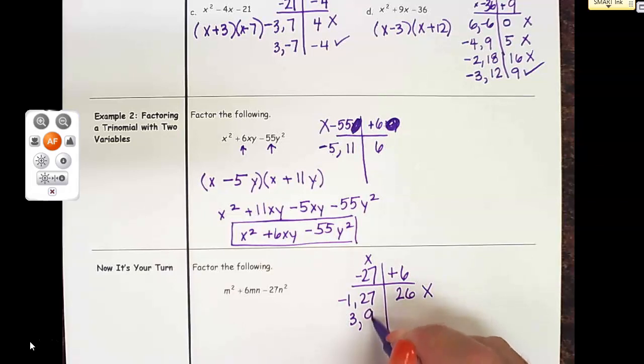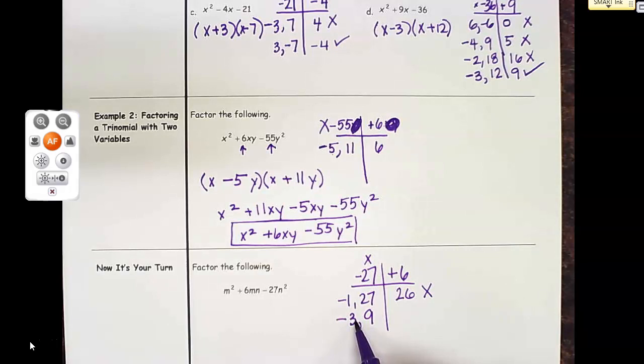That'll be 3 times 9, and I better make one of them negative. Negative 3 plus 9 is 6. So I found my pair. And now I'm constructing my binomials. I've got a minus 3 and a plus 9.